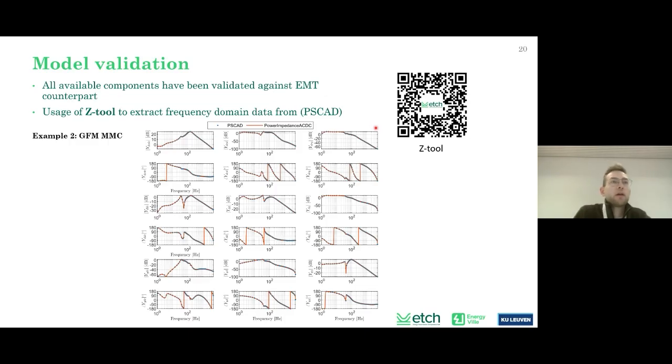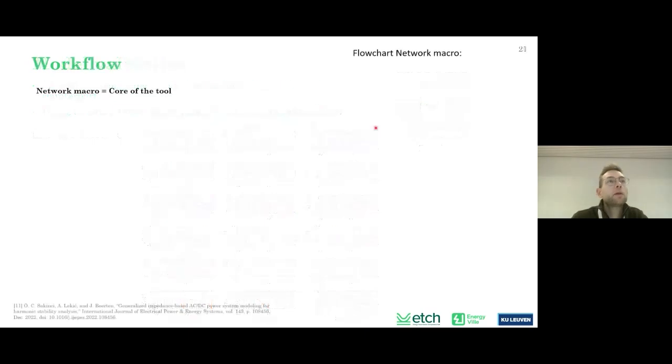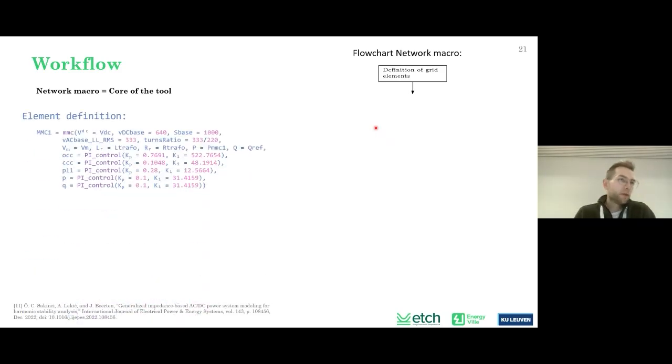All right, so now I would like to give you guys a little bit of a taste of how the tool works. Let's have a look under the hood. So the tool revolves around a function, or it's actually a macro, it's not a function. That's the core of the tool. And so in this network macro, you first define your grid elements. So here, for example, is an element definition. So you guessed it, the constructor is MMC.